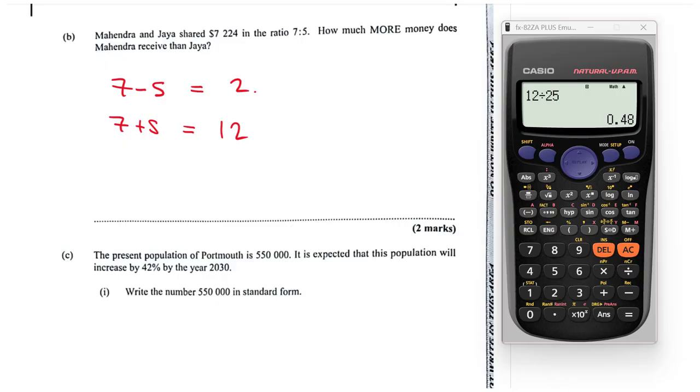So we say 2 divided by 12 times 7,224, and that's going to give us 1,204. The other way we could do this, which would involve more working, is to find out how much Mahendra received and how much Jaya received, and then take the difference.